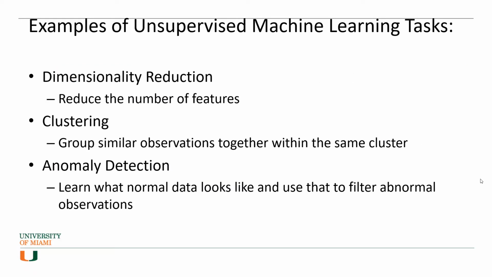Now, there are multiple examples for when you would implement an unsupervised machine learning algorithm. A very famous one is when you want to decrease the dimensions in your data set. Basically, when you want to reduce the number of features. You may be thinking, isn't the more data the merrier?